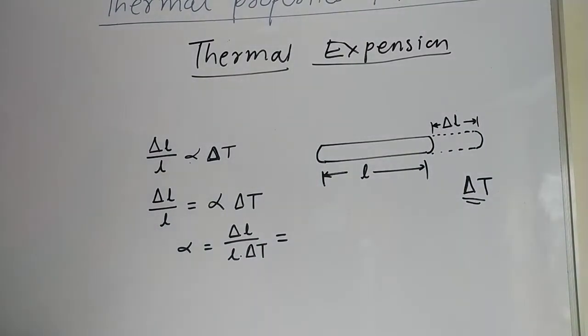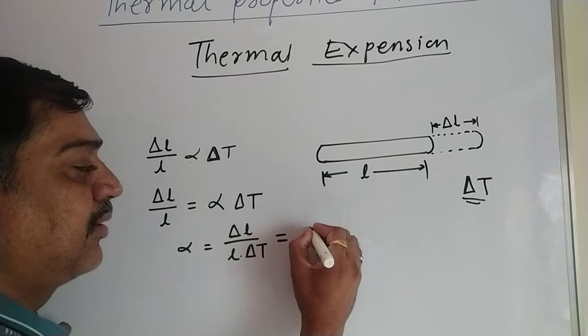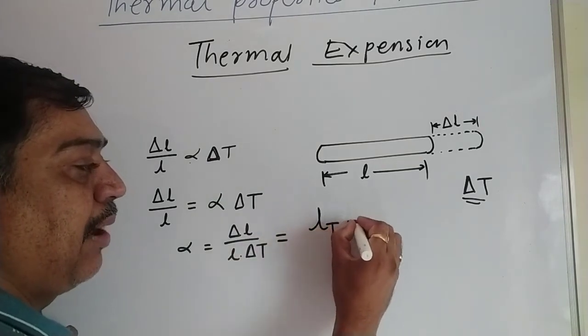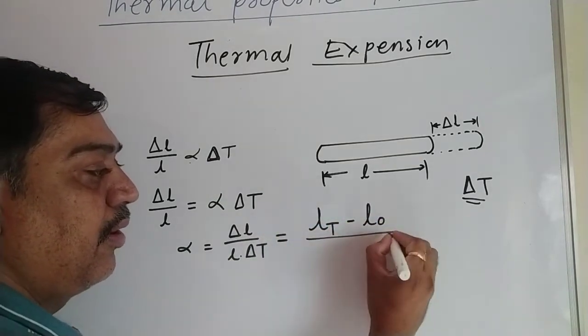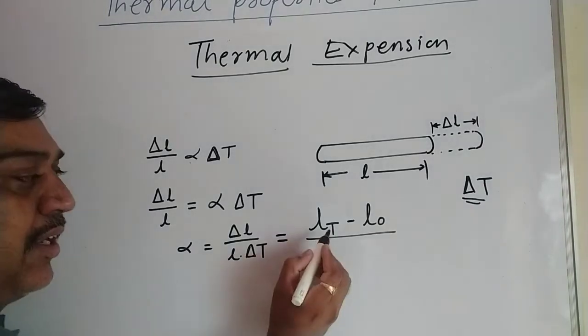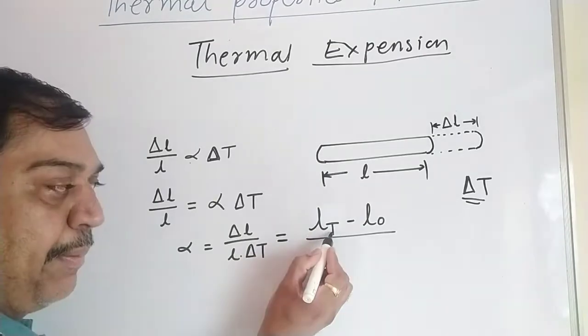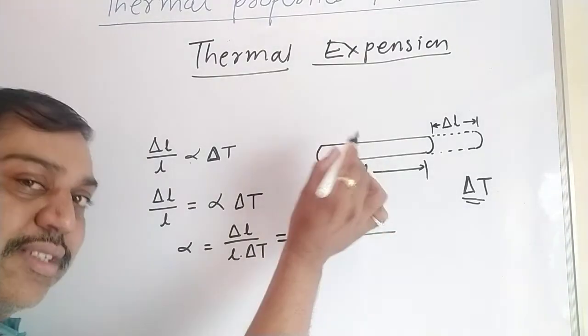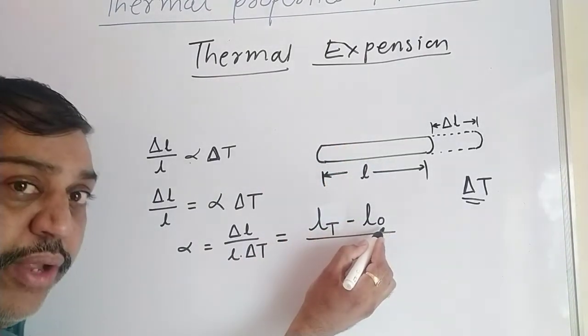If we represent this change in length like this: L suffix T minus L suffix 0. What does it mean? L T is the length of a rod at a temperature T, and L 0 is the length of the same rod at 0 degrees Celsius.